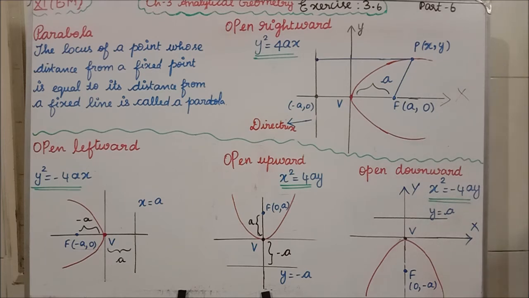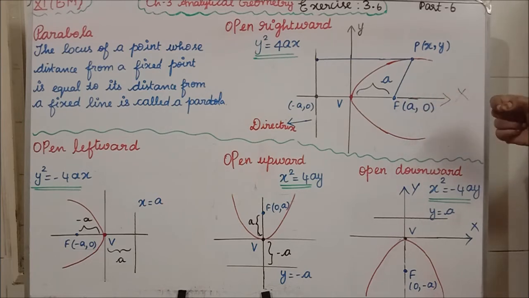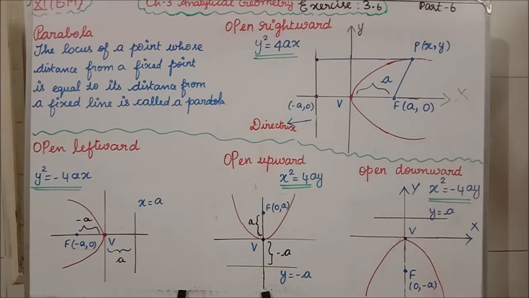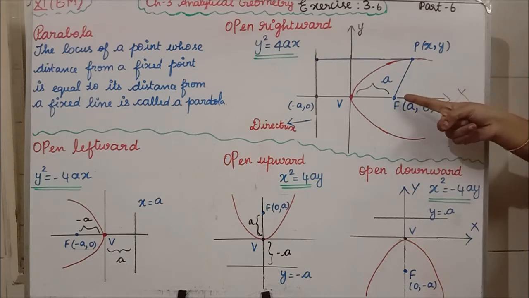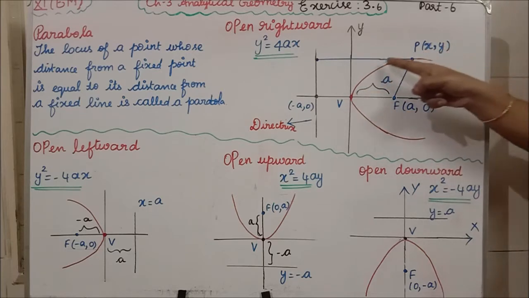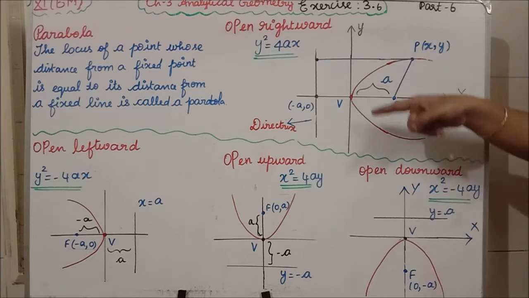Yes. Next we'll see what is the focus. The fixed point used to draw a parabola is called the focus. Students, this is the fixed point. Already we have seen, F is the fixed point. Using this point we are drawing a parabola. This is the parabola. In 10th standard you have drawn a parabola, isn't it? Like this only you have drawn.